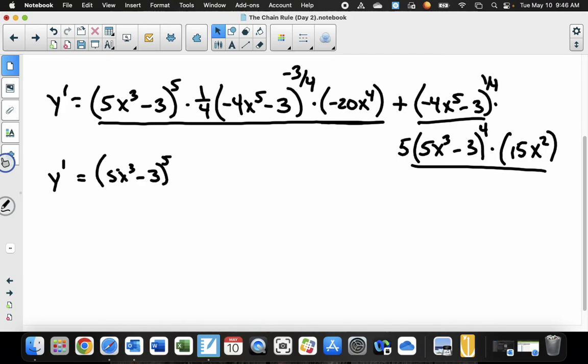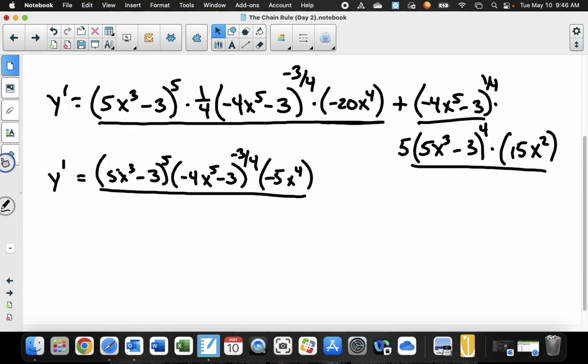We've got this next one to the negative 3/4. And then I'm going to take the 1/4 times the negative 20x to the 4th, multiply those together, and we get negative 5x to the 4th. So there's your entire first term, cleaned up a little bit.